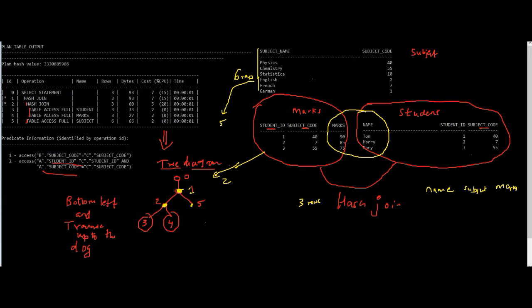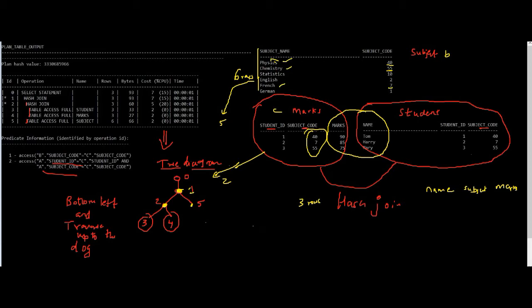Okay, so this is b dot subject code and c dot, this is c, so this is b. So b dot subject code equal to c dot subject code results in 47 and 55, which is physics, chemistry and French.